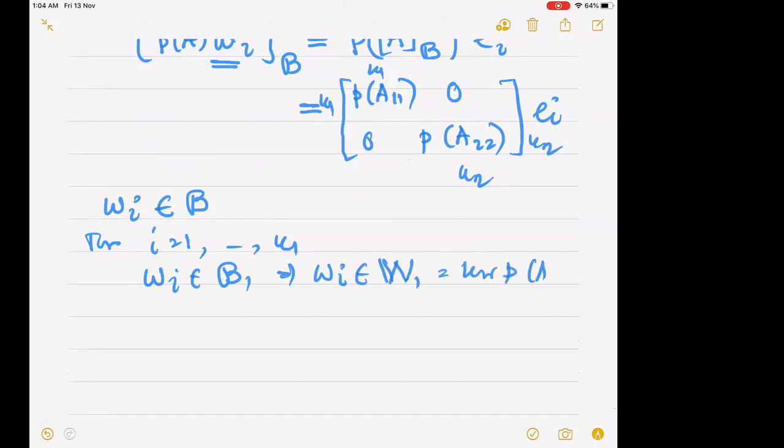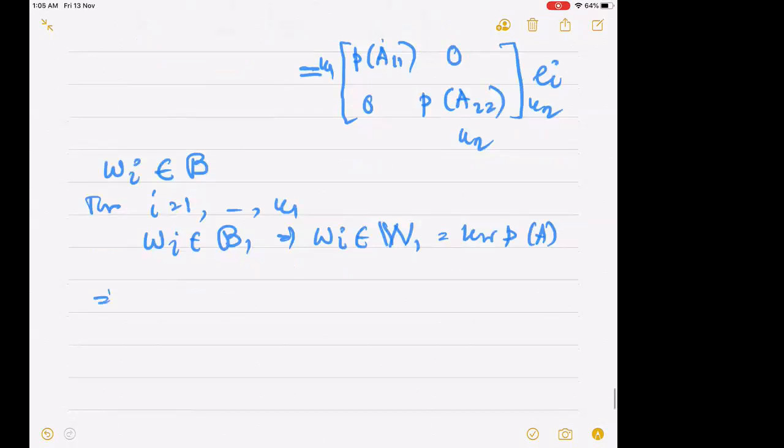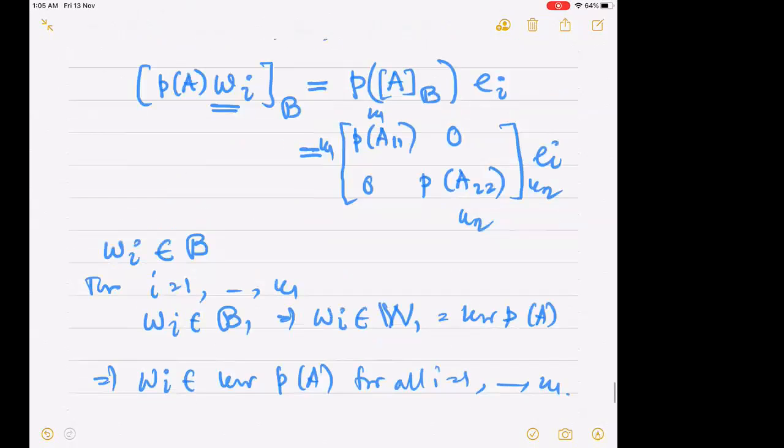Yeah, if that is so, then this implies W_I belongs to the kernel of P(A) for all I going from 1 to K1. So therefore, this expression that I have here, this is a zero vector. So its representation must also be the zero n-tuple, right?